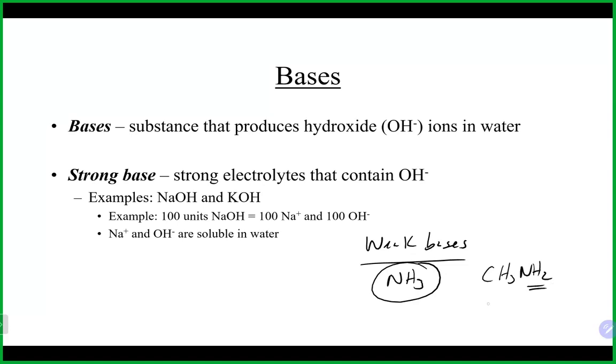Things that have a nitrogen that looks like ammonia in there. So a lot of weak bases will definitely have that ammonia look to them, and a lot of times they'll have some carbons and hydrogens attached as well. That's usually what a lot of those weak bases look like, so having this in the formula is a good way to recognize it.